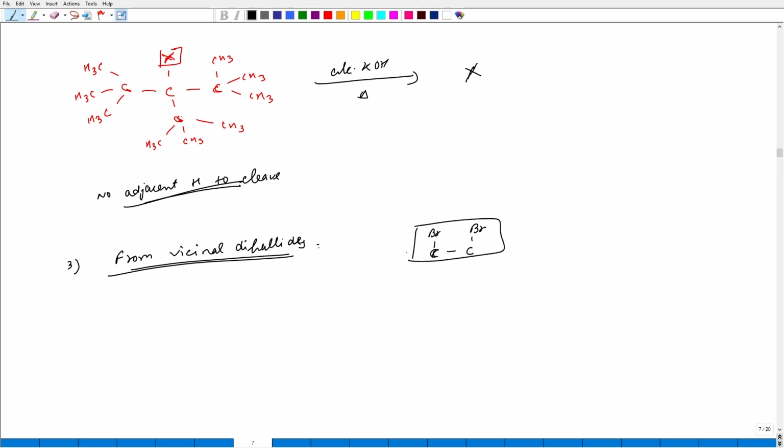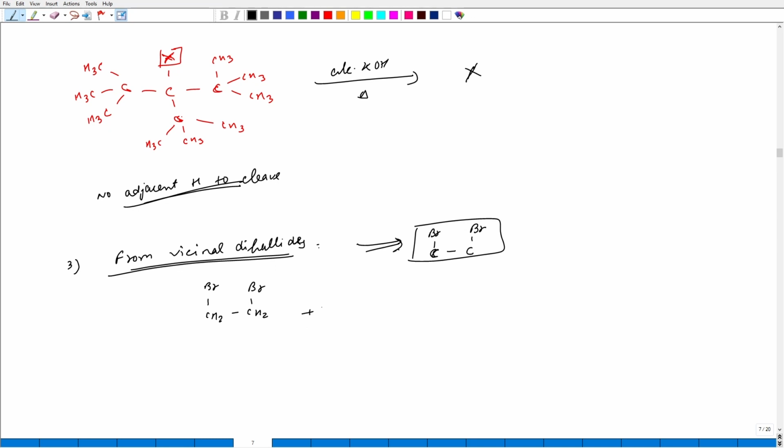This kind of moiety is known as vicinal halides. So, how can we synthesize an alkene from this? Let us see. Let us suppose there is a CH2, same case we will consider CH2. CH2. Let us consider 2 bonds only.